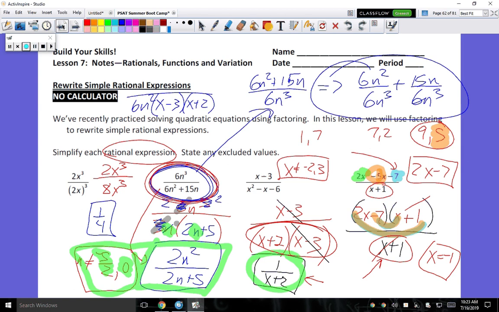Oh, what is it? Oh wait, no, because you didn't really cancel anything, you just simplified it. No, that's a good question, though. Trying to figure out how to answer it without confusing you. Because it doesn't have a variable in the final answer, it's a constant, so it doesn't matter.